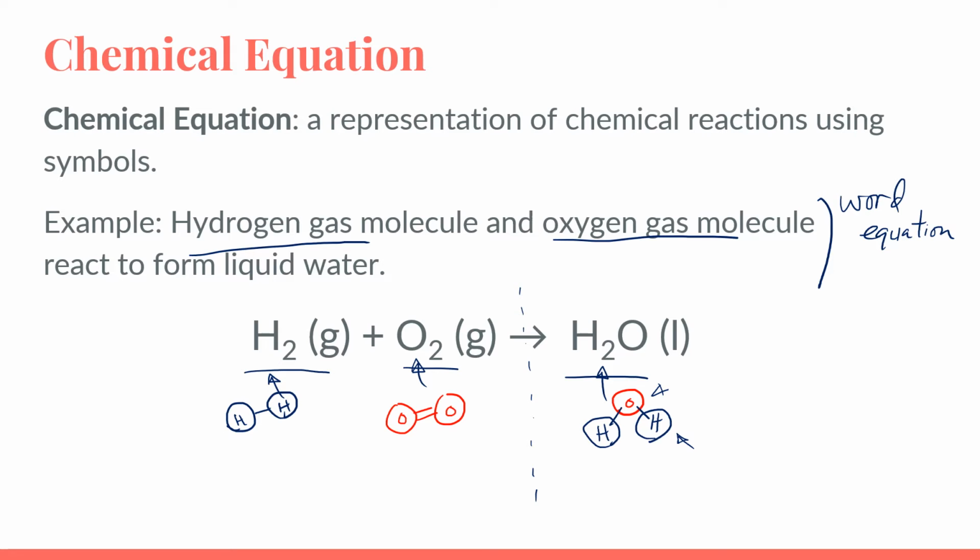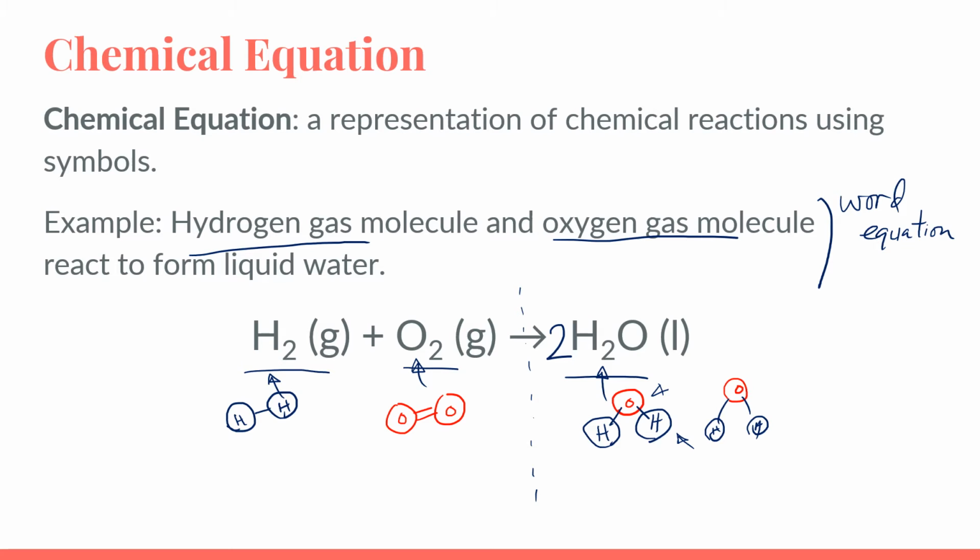So later on in this lesson, I'm going to teach you how to balance this equation. When I say balance this equation, I mean how do we make it so that all the elements in the beginning also show up at the end? And here's what I would do. I would double the water. So here I now have two waters. All right. So now I got two red circles, two red circles.